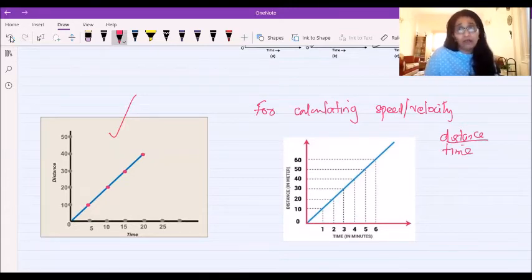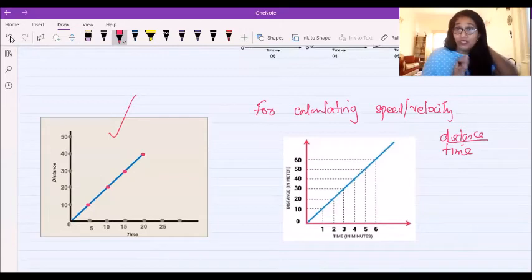Okay, from the graph, how will we calculate? Suppose I have a graph like this. This will normally come for uniform motion, so don't worry about the kind of graph. From the graph itself, it is very clear that this is a uniform motion graph. I want to calculate the speed of the object.